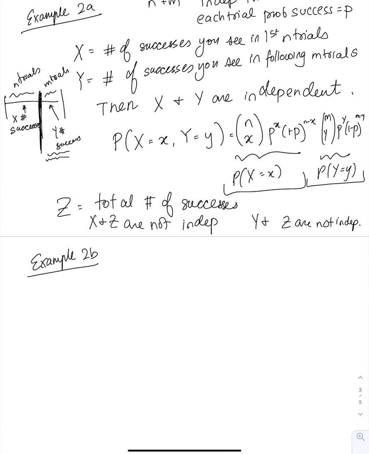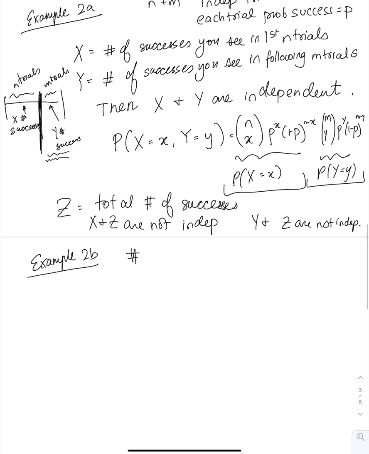So what do you have? You have that the number of people entering the post office is a Poisson random variable with parameter lambda.